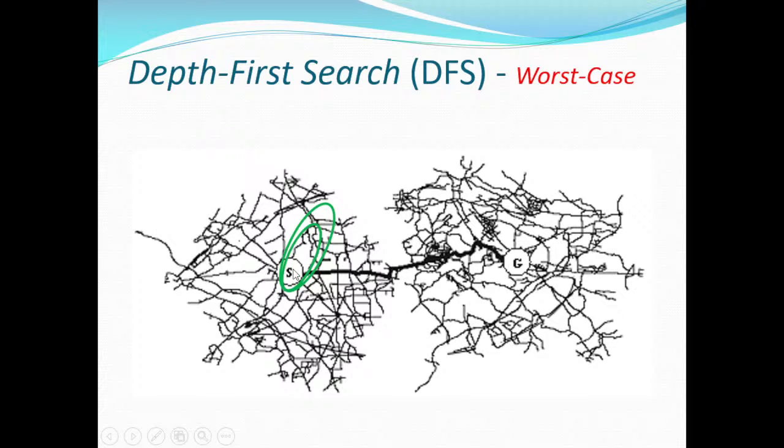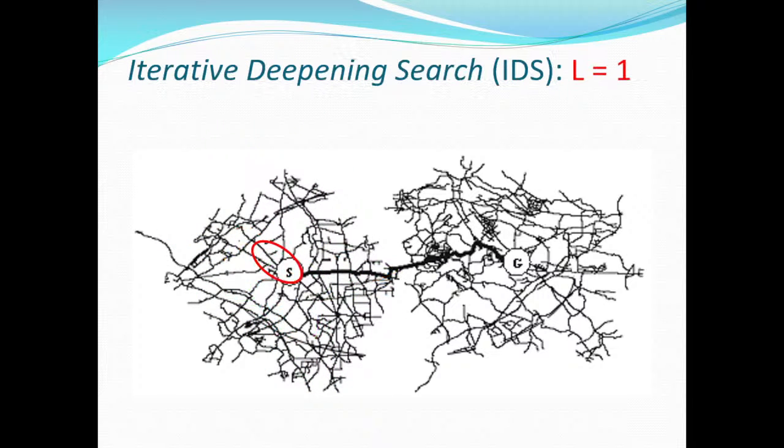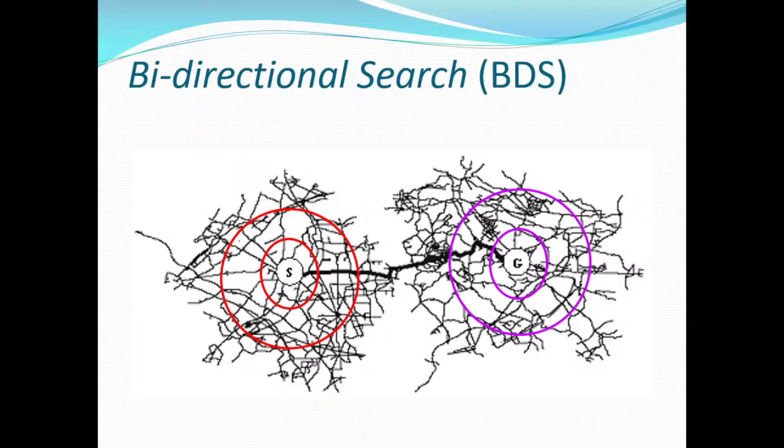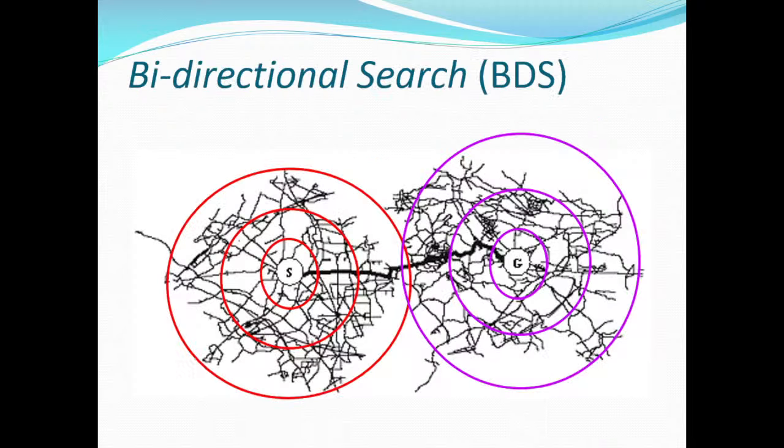Even if we use not depth first but UCS, in the uniform cost search, there is no illustration here. For the uniform cost search, still we follow some path.